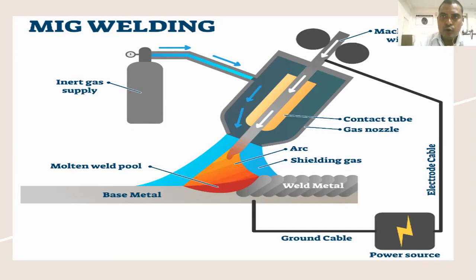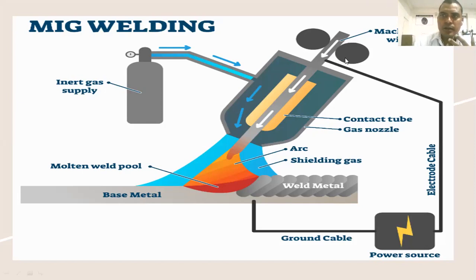When we discuss the operation of MIG welding, the consumable electrode is in the form of a wire reel. You can see at the top of the figure, we have a reel. This reel is known as the wire reel. This wire is used to generate the electricity and the heat, and this wire is consumable.